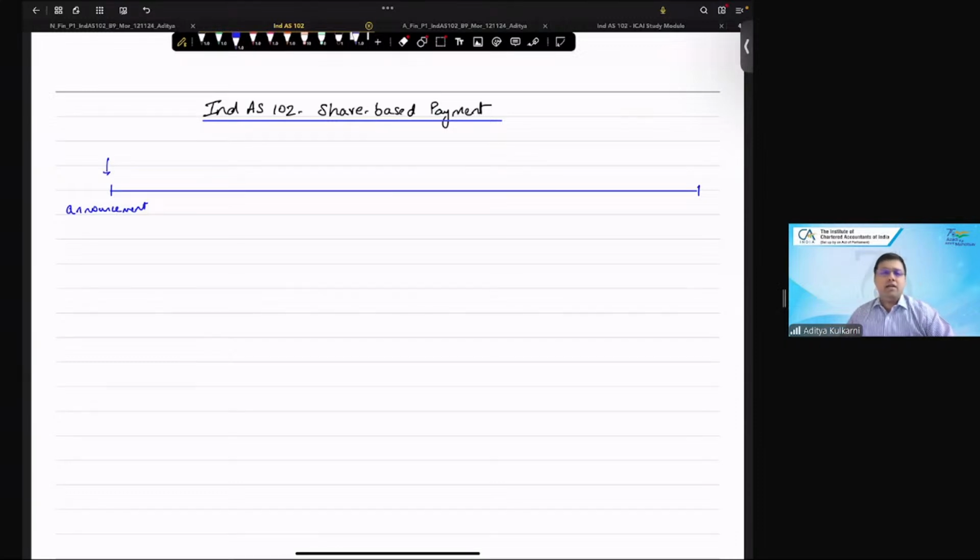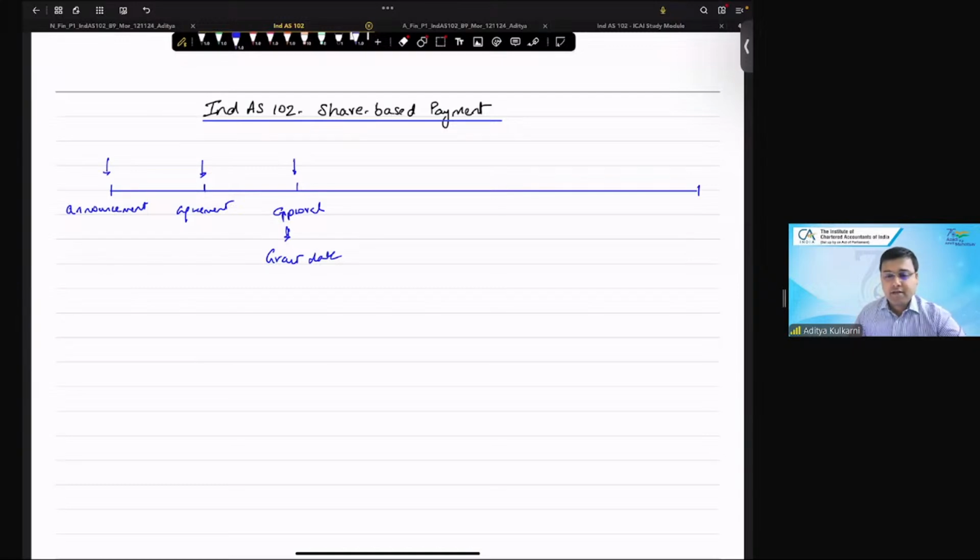This is just an announcement. After the announcement, it comes to a discussion and an agreement. You come to an agreement, but this agreement gets fulfilled only when you get the approval from the shareholders. So here you obtain the approval, you have agreed, and therefore this becomes your grant date.